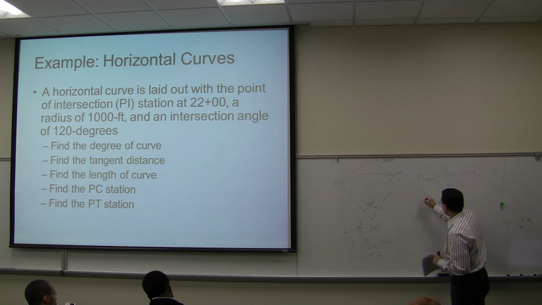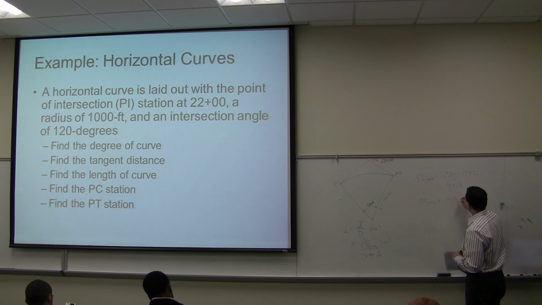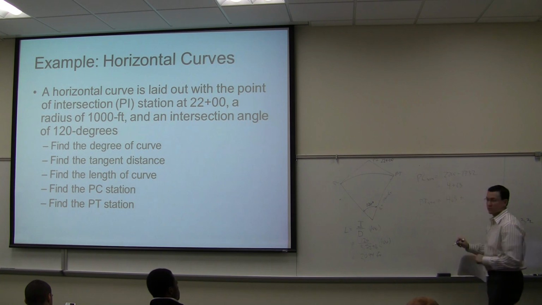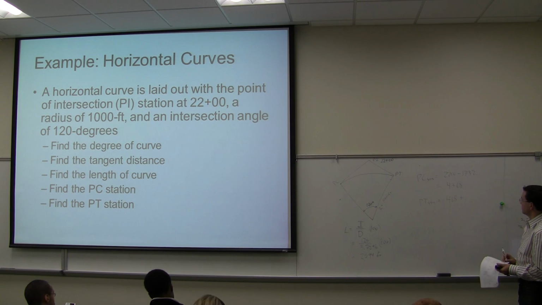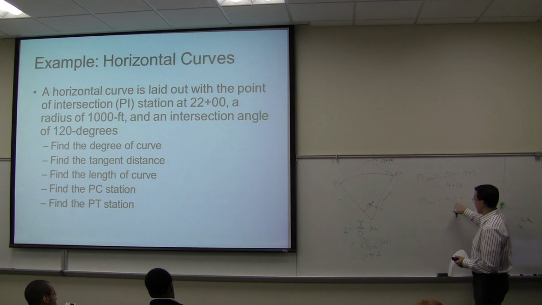And then the PT station is going to be equal to what? 468 plus what? So what do we add to this? Our curve length, 2094. Which answer was it? 39+32? That might not be correct.